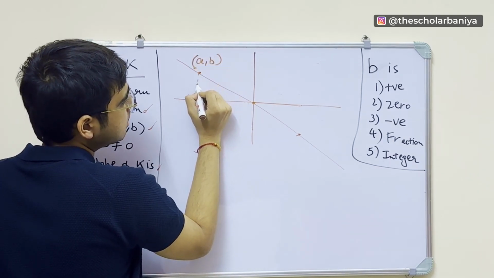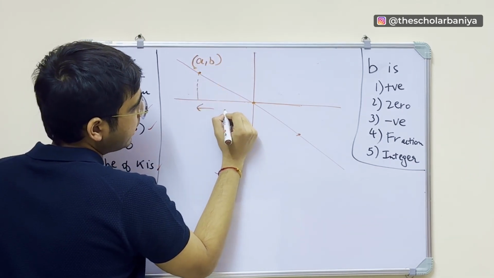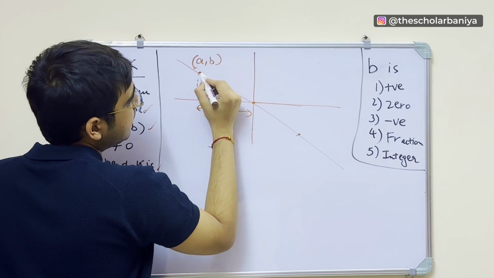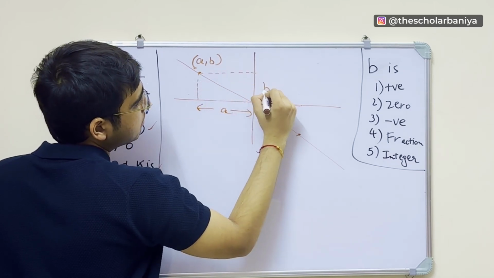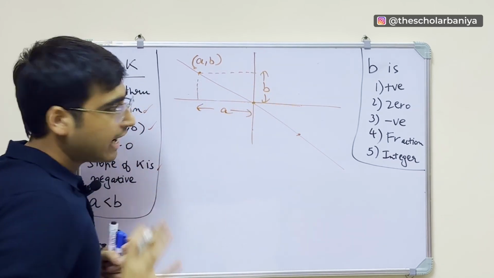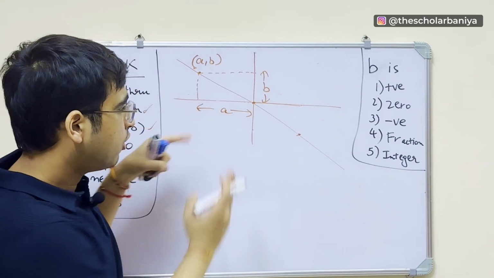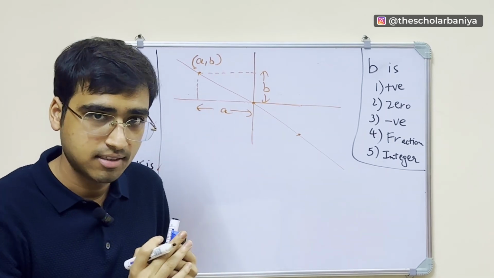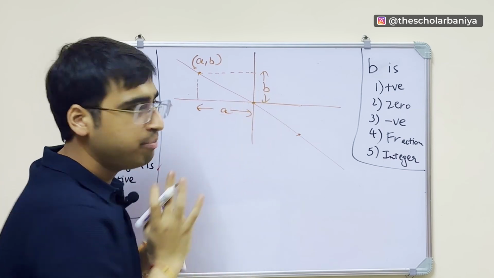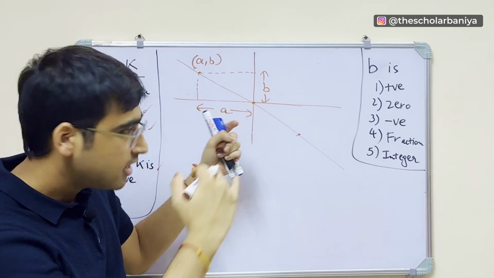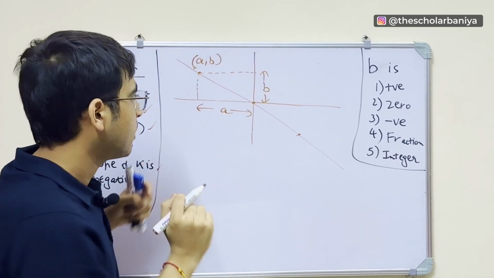That means this distance is what? A, right? And this distance is what? B. Now tell me, the value of A will be negative, right? Because it is on the left side of the y-axis. And the value of B will be positive because it is above the x-axis, right?